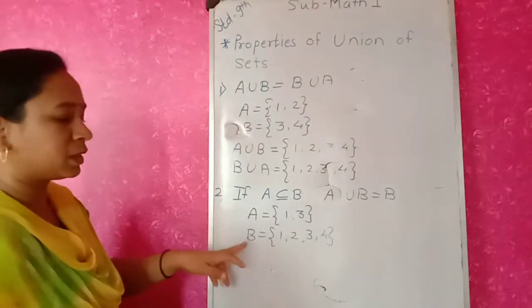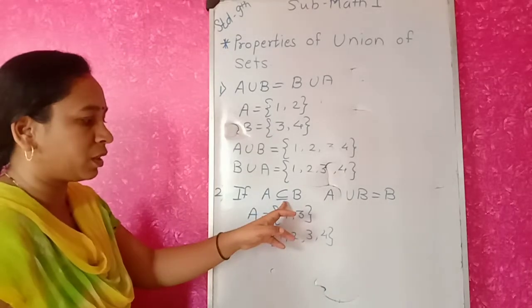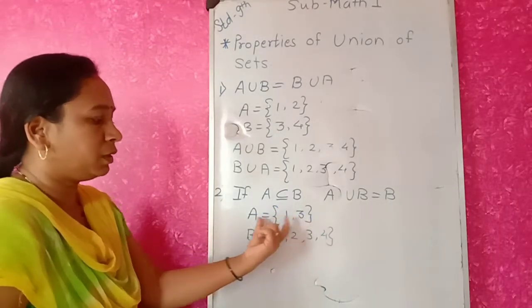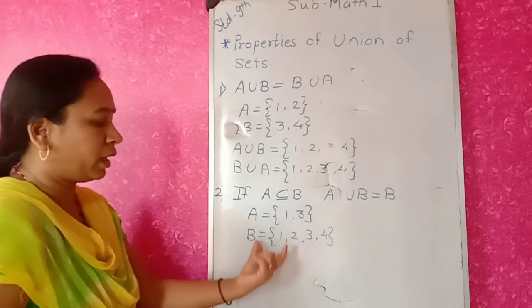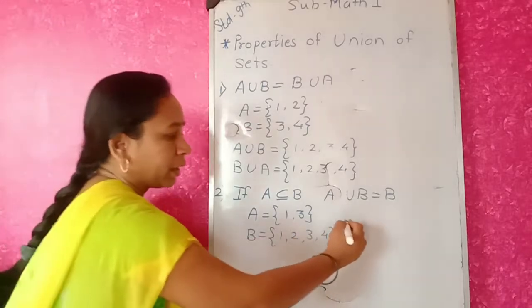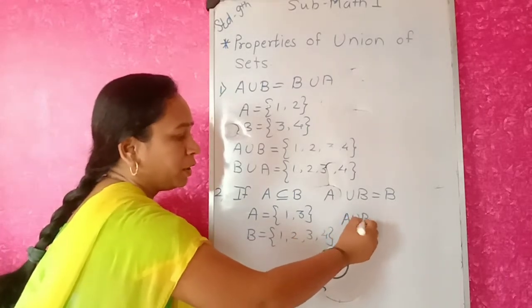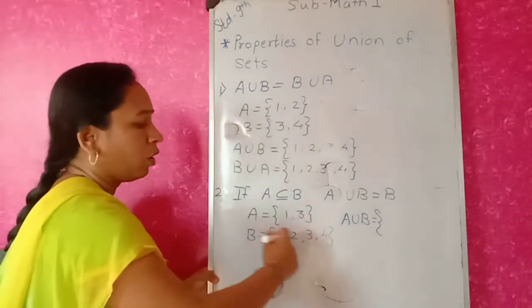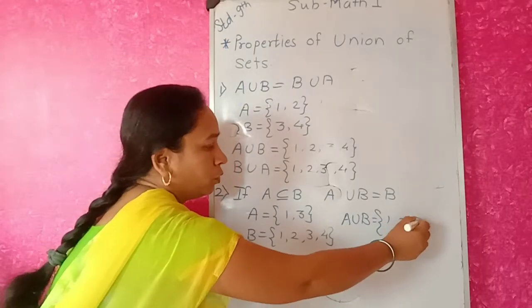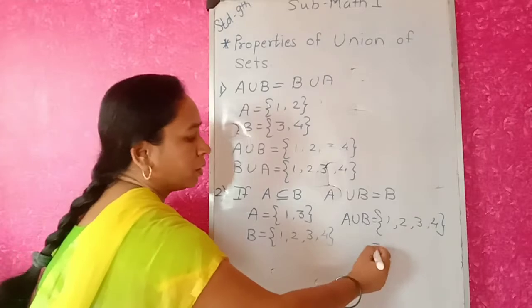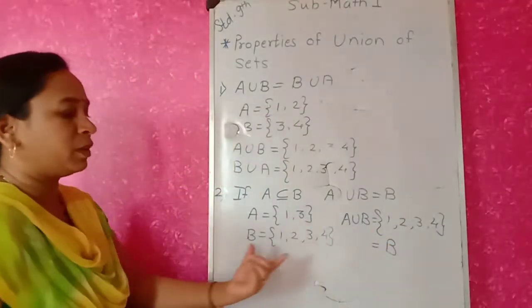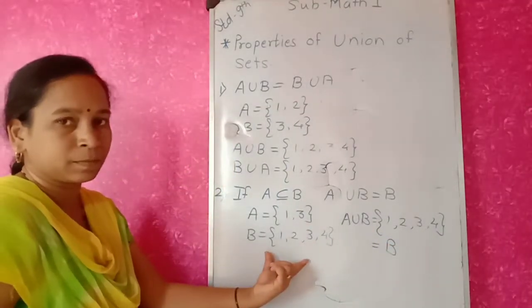That means A is a subset of B. Subset means all elements of A are present in B set. So, if I take A union B, I will get all elements, that means 1, 2, 3, 4. And if you observe this, it is nothing but the B set.